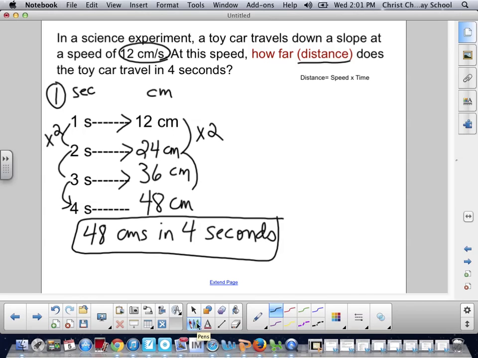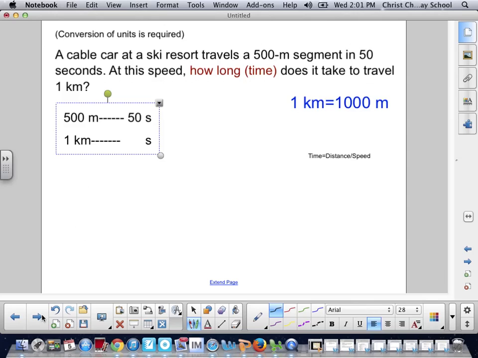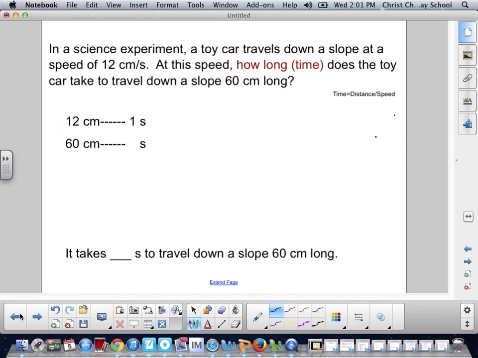Okay, let's go to the next part, B. In this one, it says, in this science experiment, a toy car travels down a slope at the speed of 12 centimeters a second.